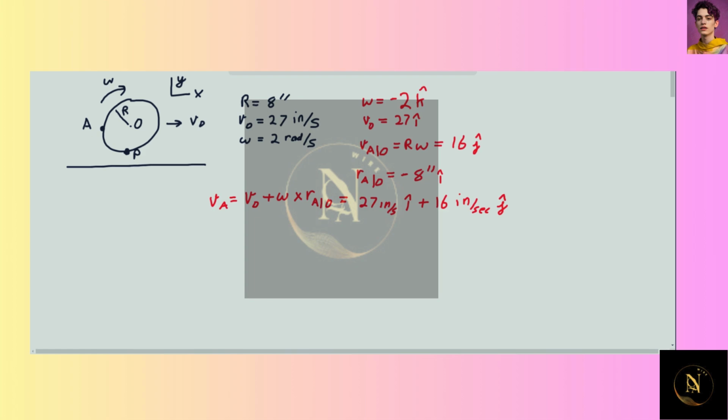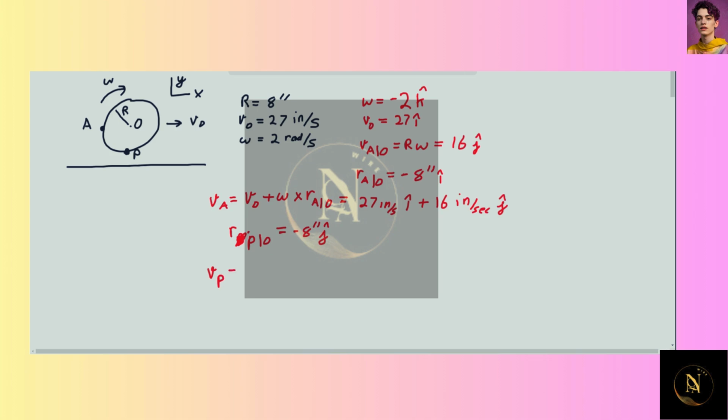So we then want to do the same thing for point B. The difference here is that r of P with respect to the origin is now -8 inches in the j hat direction.